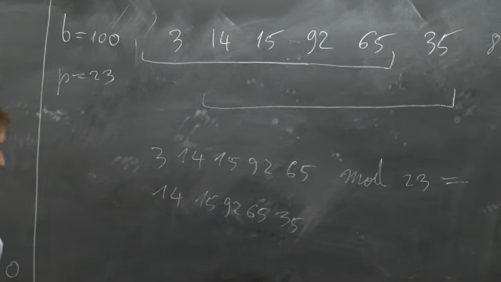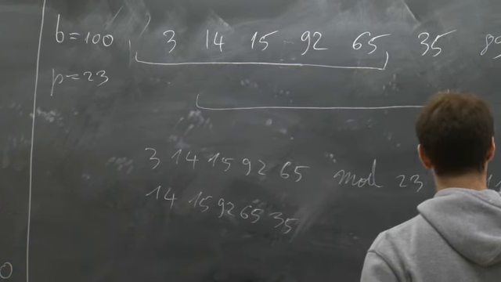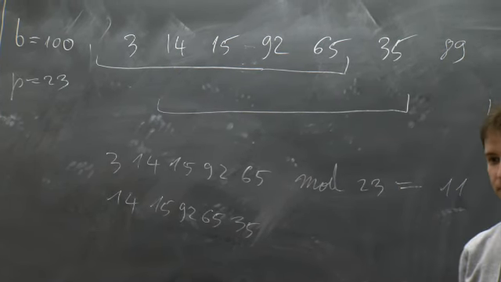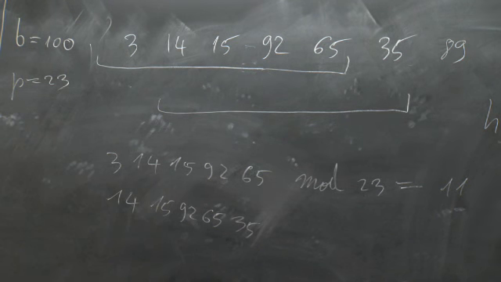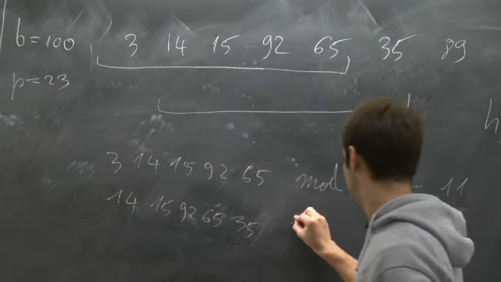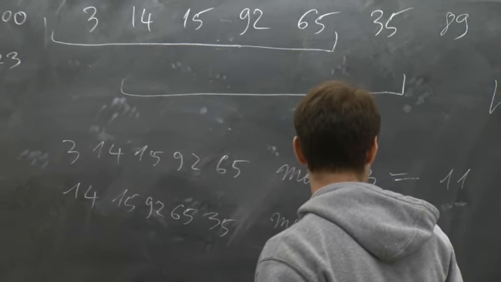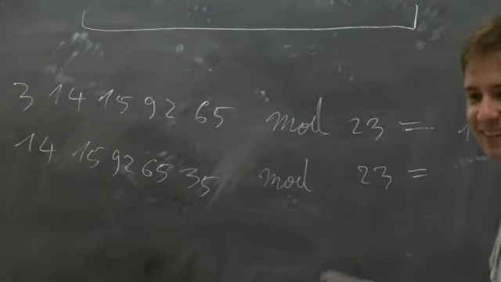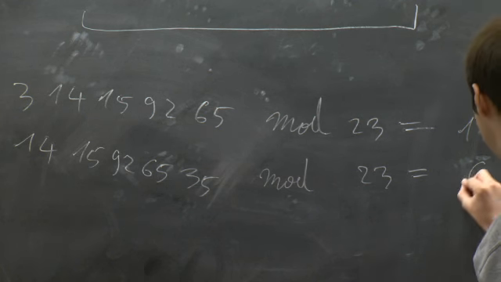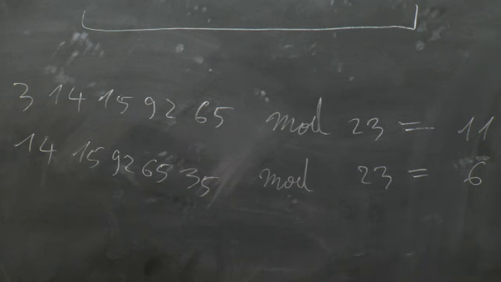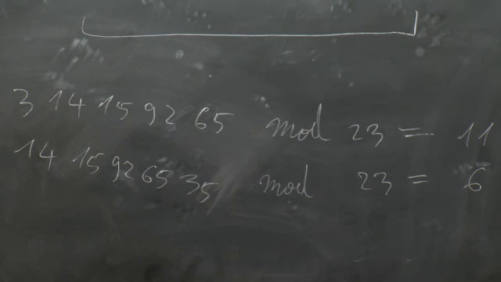The first one is 11. Okay. And what's the second one? 1, 4, 1, 5, 9, 2, 6, 5, 3, 5 modulo 23. I heard a 5 and a 7. Okay. I'll take the average of those two, and we can move on. Sounds right? Good. Well, now I'm getting 6.